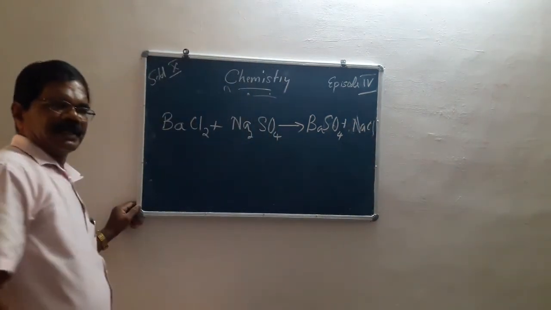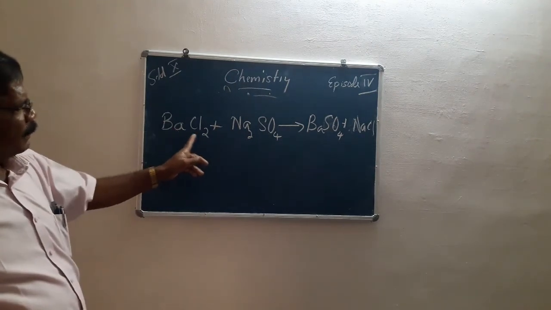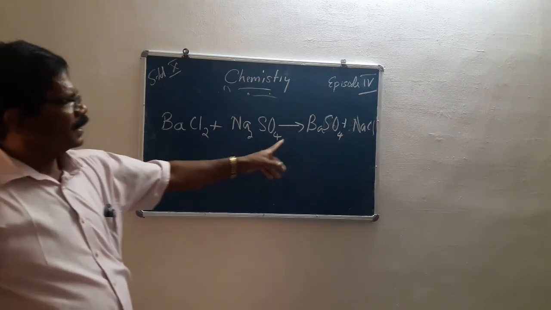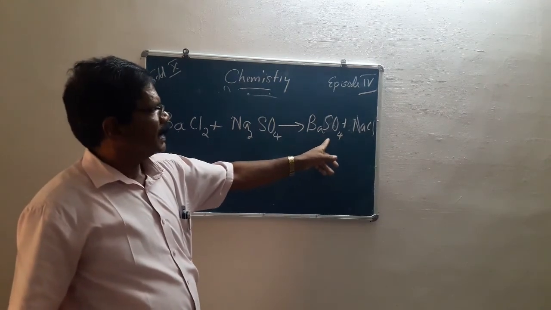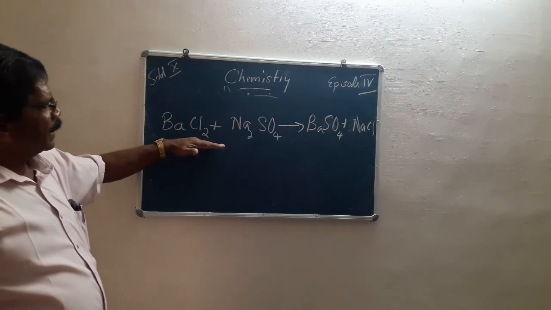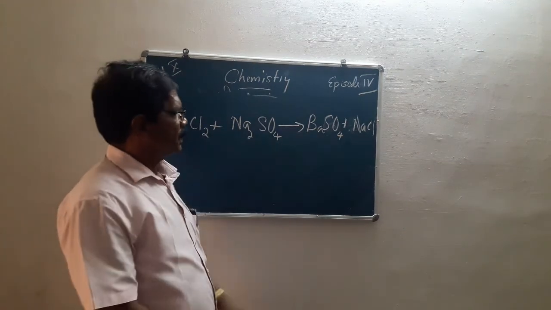Here also you apply the process from the previous problem. Barium chloride when added to sodium sulfate solution, a white precipitate of barium sulfate and sodium chloride form. In this equation also, the reactants are barium chloride and sodium sulfate. Products are barium sulfate and sodium chloride.